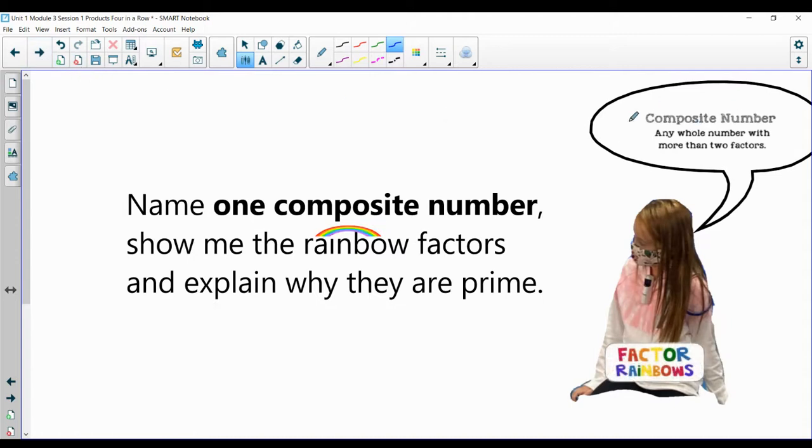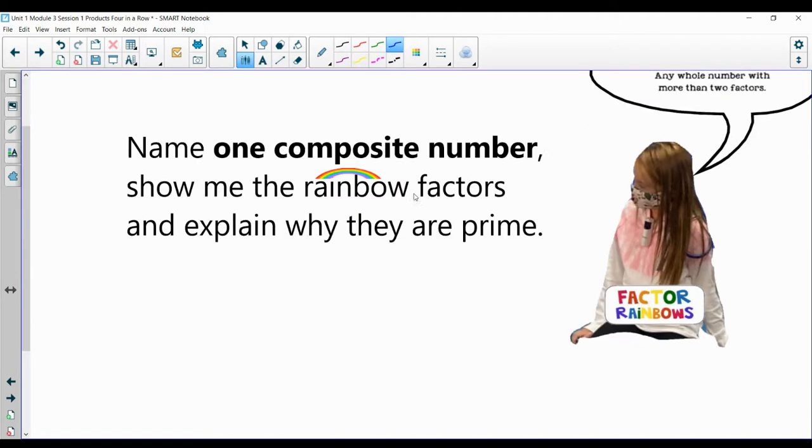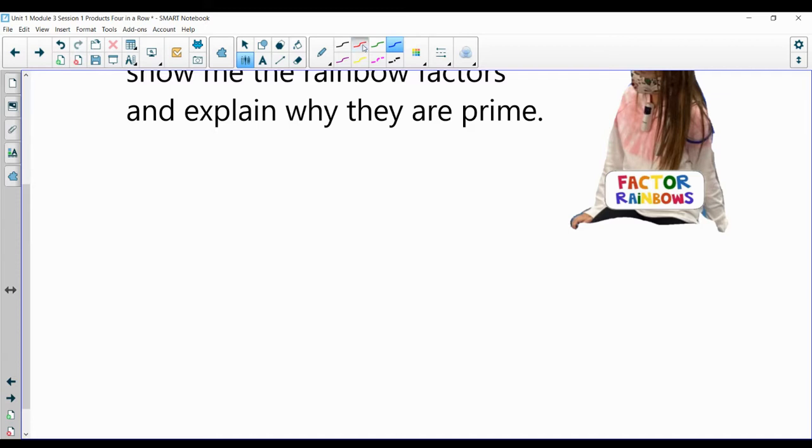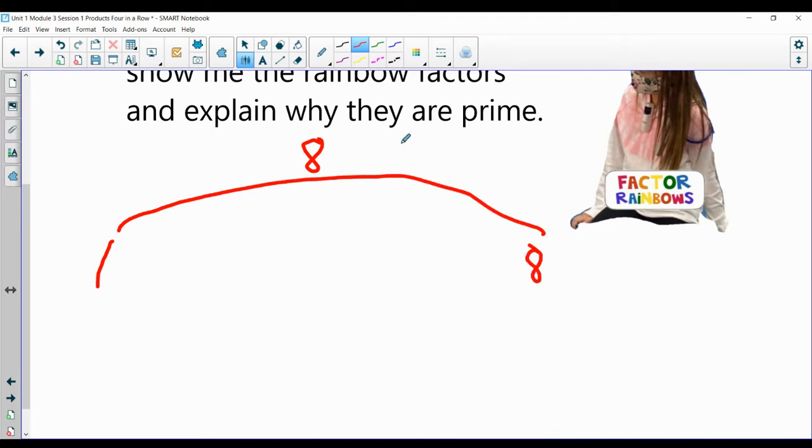And we did 1 composite number. Composite numbers have more than that. So again, you might want to do 8. So you'd have 1 times 8. Well, it's an even number, so we know that 2 works. 2, 4. 3, nope, because 3 times 3 is 9, 2 times 3 is 6. 4, already got it.